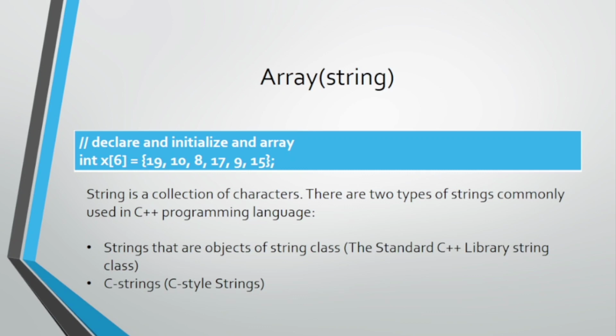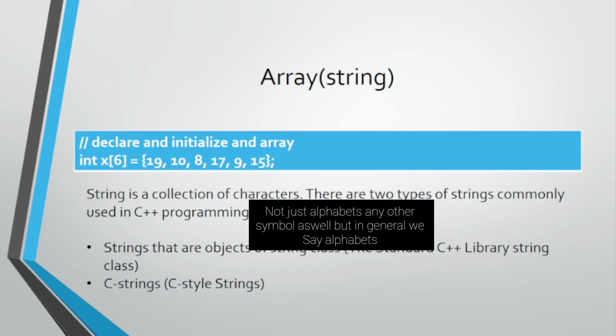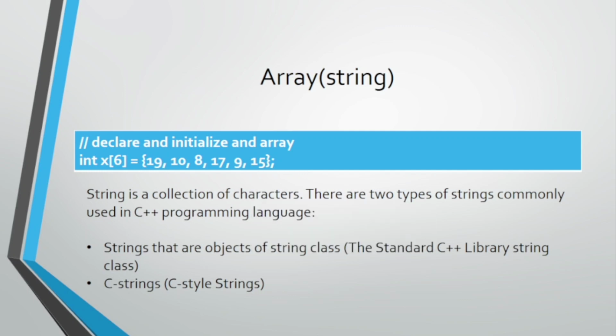Now, there is another concept that is called characters. What is a character? We have already seen characters A, B, C, D, alphabets. We store alphabets in it. So if we use an array of characters, it is called a string. In the C++ language, there are two types of strings. One is the string concept that is used in the C language as well. That is called C strings.